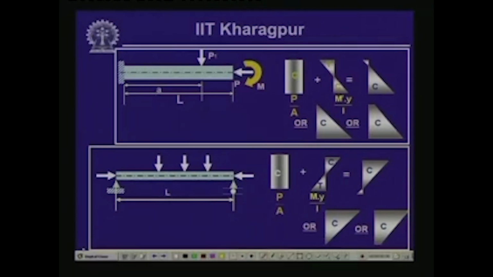We looked into in the last lesson that there could be cases with reference to either a cantilever beam or simply supported beam, or any such member supported at suitable supports and subjected to axial load as well as transverse load. Here you have the axial load and the transverse load, and here you have the moment as well.